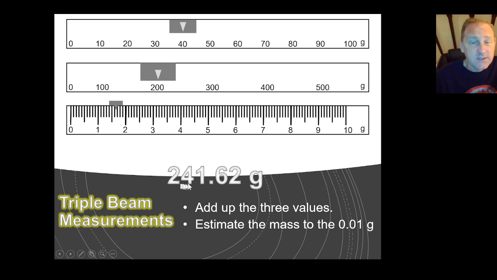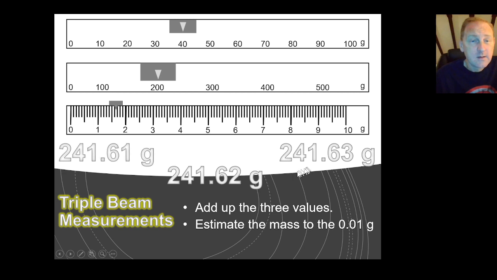Somebody might read this as 241.62. Somebody might see it's a little bit more to the right, 241.63. Somebody might see this more to the left, 241.61. You might even see it higher, 241.64. In fact, I'm seeing it higher right now as I'm looking at it. I might even say 241.65 or even 66. Point being, this last number is an estimate, and those are all acceptable answers.